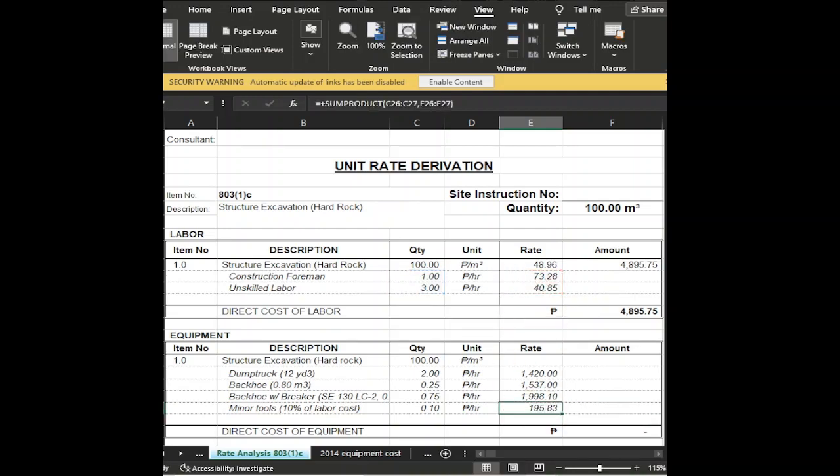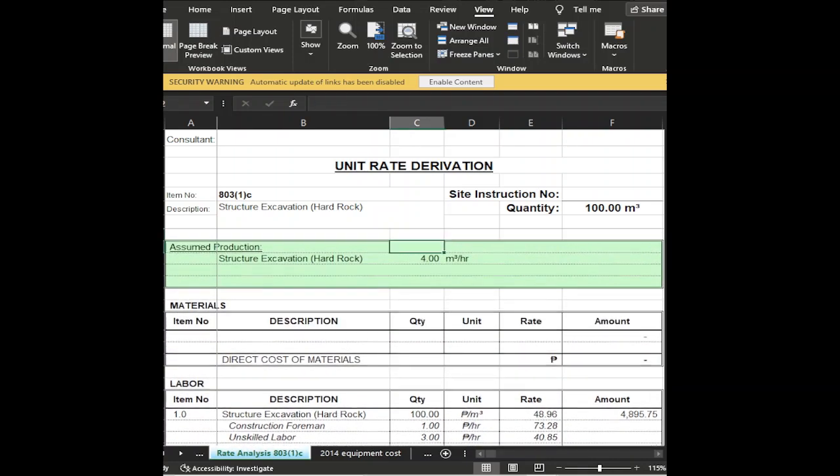Just be careful, guys, that you will not get the total labor directly from this one, because this is already for 100 cubic meters of excavation. We need only the labor for the 4 cubic meters per hour excavation.